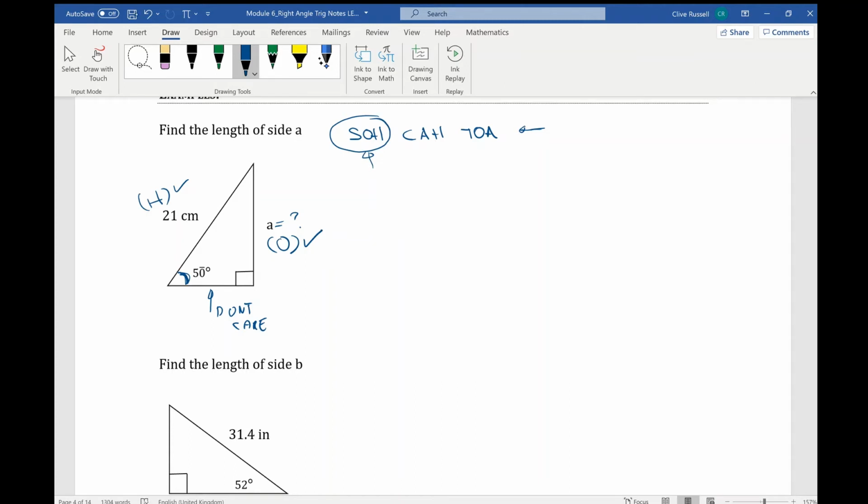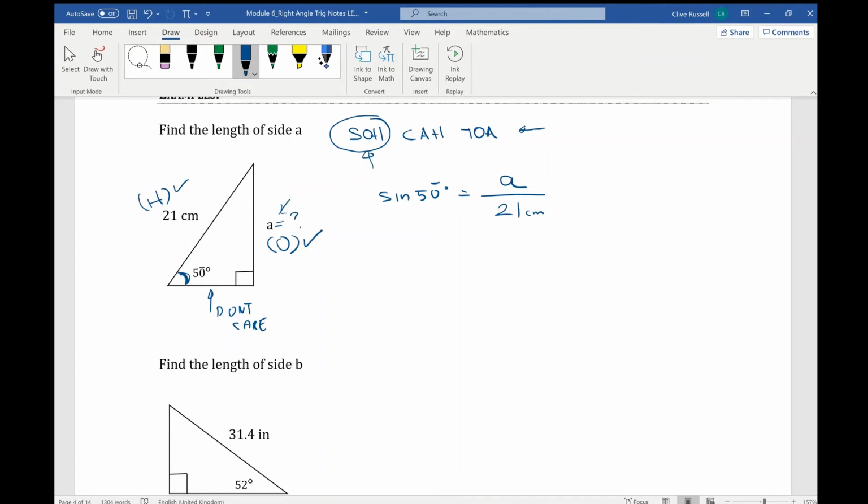We set up that the sine of 50 degrees, okay, this little bar means that this 50 degrees is correct to 2 significant digits. Without the bar over the 0, it would be 1 significant digit. Now sine is equal to opposite, which is the A that we don't know, over the hypotenuse, which we know to be 21 centimeters. Good. So here is where your formula manipulation comes in.